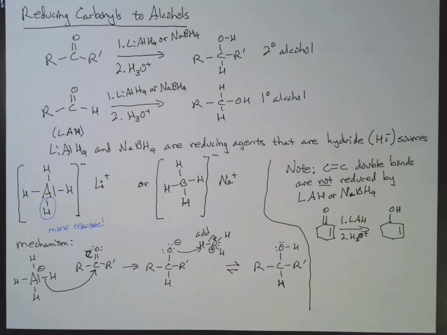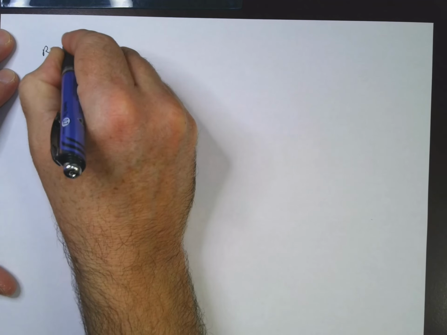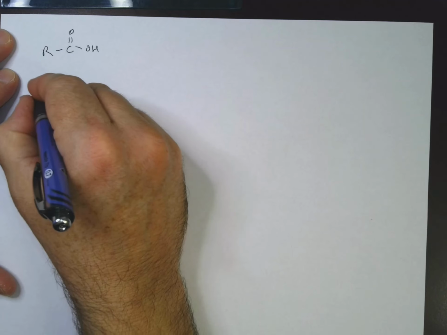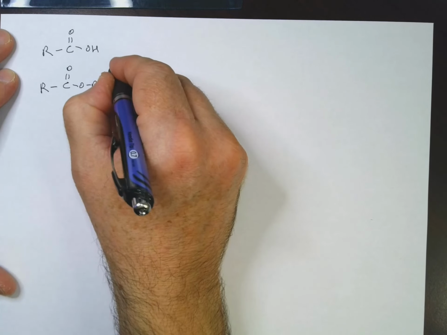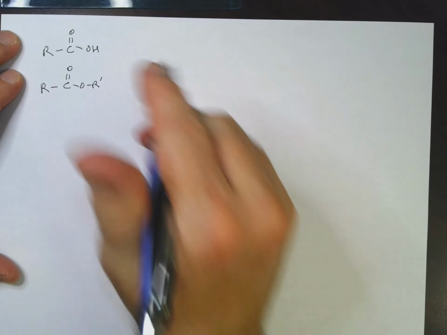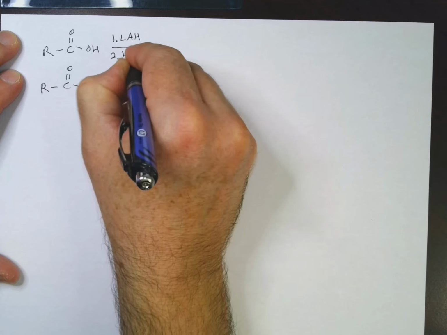Now we can also reduce esters and carboxylic acids. So we could do RCOH and RCOR prime, and either of these will react with LAH and H3O plus.